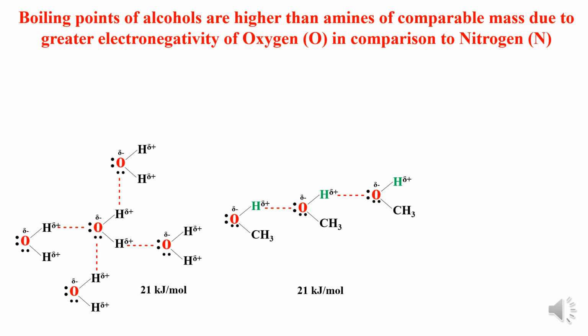As I already mentioned, water molecule can participate in hydrogen bonding with 4 other molecules, while in case of methanol, it can interact with 2 other methanol molecules. So while in case of methylamine, you'll find the bond energy is less. So only 13 kilojoules per mole of energy is required to break the hydrogen bonds between the methylamine molecules.